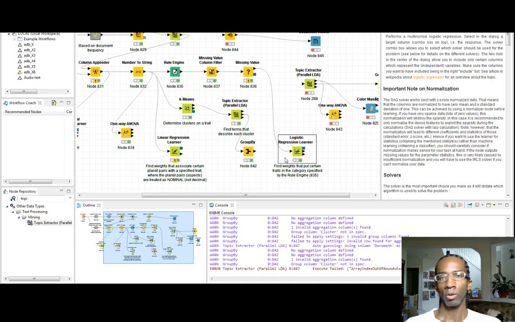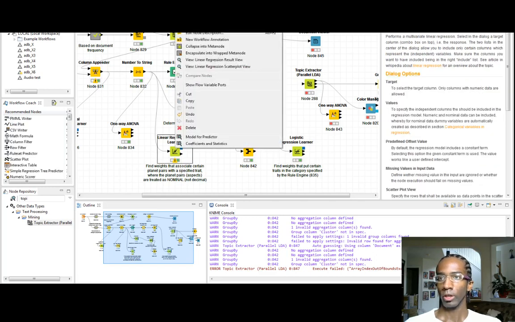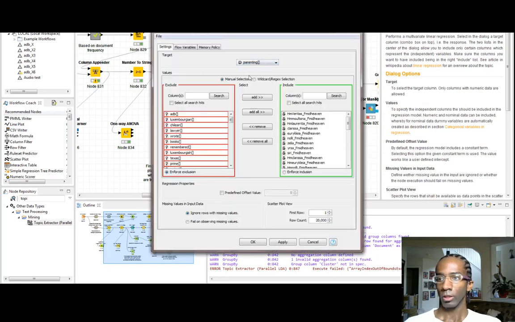Basically, these are ways to determine what your categories are for different kinds of traits and different kinds of planet pairs. I use linear regression to find, well, it says here, the weights that associate certain planet pairs with a specific trait. So if I go in here to configure, it looks like I was looking for parenting, because we do text analysis on that document that I showed you, and it assigns basically a frequency weight to the mention of parenting as a category.